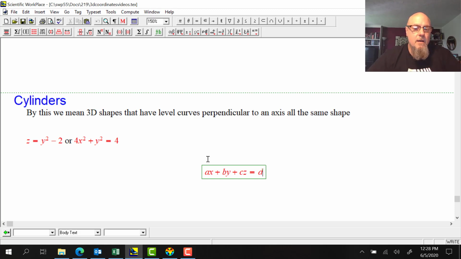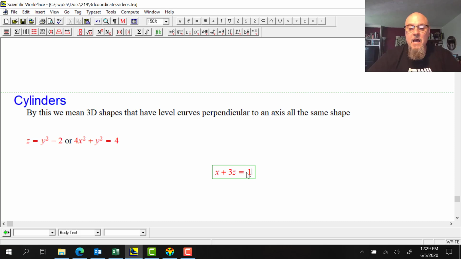So let's make the b 0. That's going to get rid of this piece. I'll make the a 1, the c 3, and the d 1. That counts as a cylinder, but it's going to be a plane.